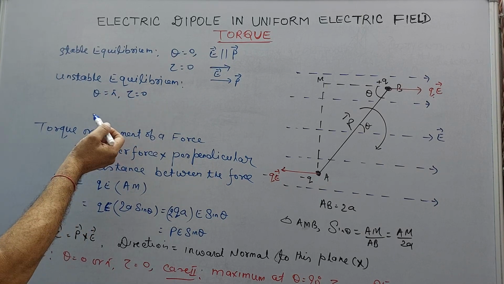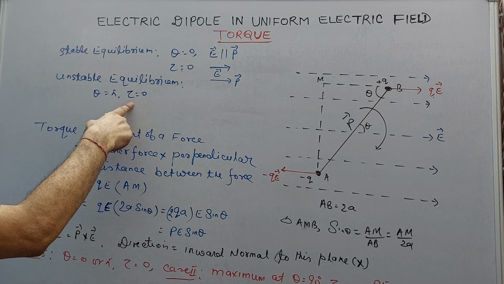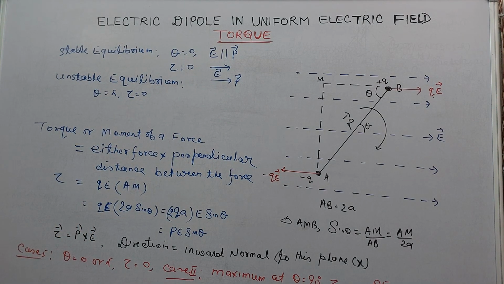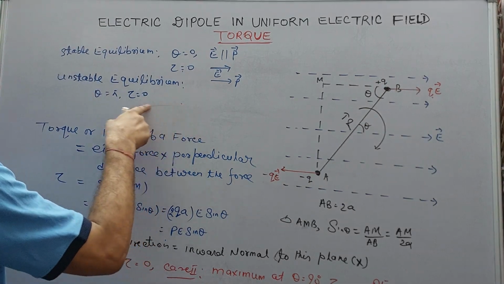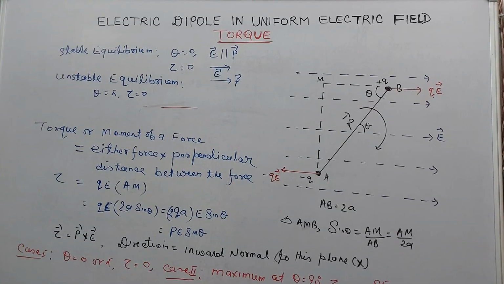So in both cases the torque is 0, but unless you disturb the dipole, it will remain in the same position. Here your electric field is from left to right.